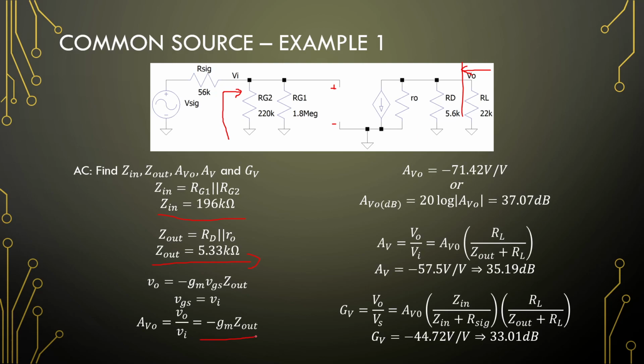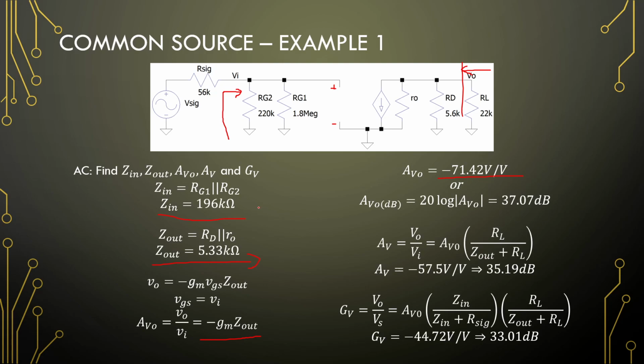So our gain is minus the transconductance multiplied by the output impedance, because this current source flows inwards, so it's a negative, and that will give us minus 71.42 volts per volt, or 37.07 decibels of gain. Right, and there is a gain of our amplifier.